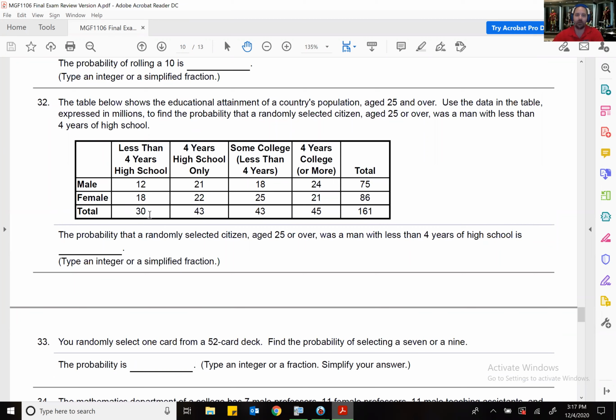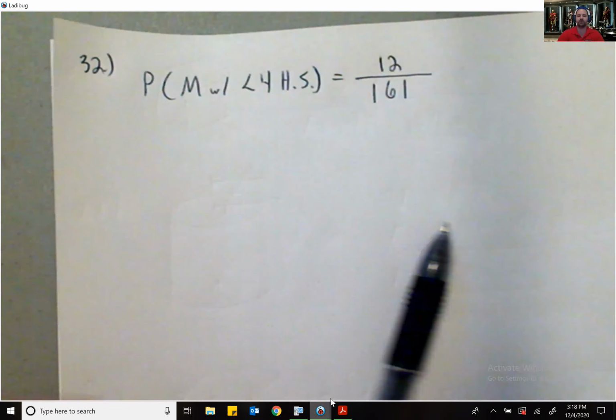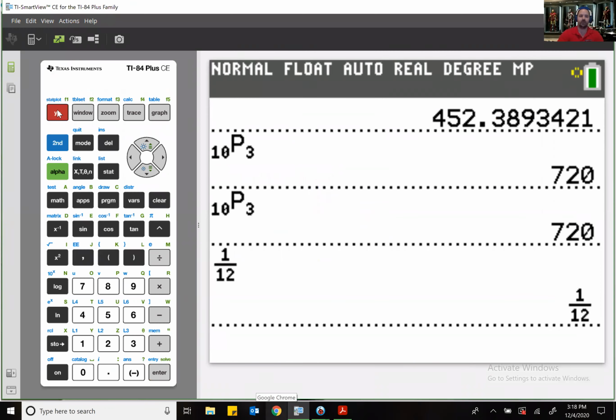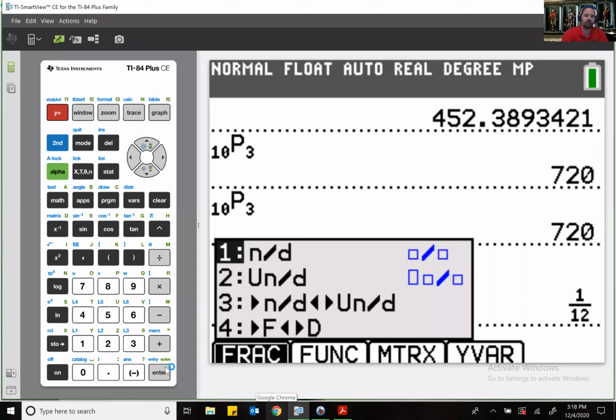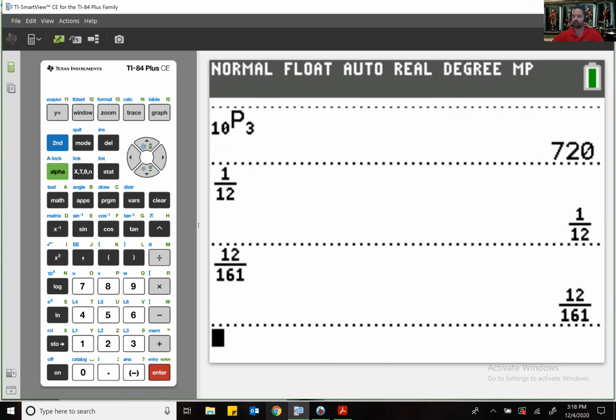But remember, probability is out of the entire total. So that's 161. We should always double check this. Alpha y equals 12 over 161. And it's good the way it is. So that's our answer.